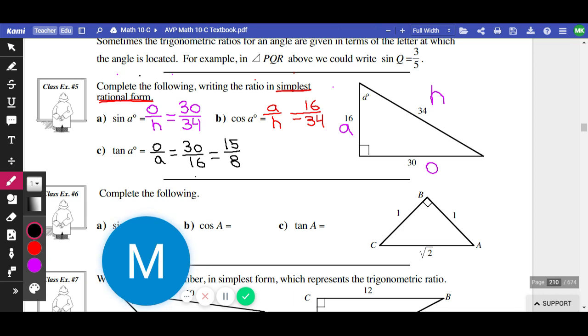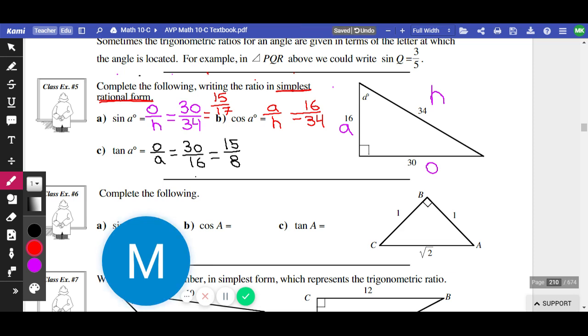There is a way to do it without a calculator. The way you do it without the calculator is you figure out the biggest number that divides into both numbers. So, for instance, 30 and 34 can both be divided by 2. When you divide both of them by 2, it gives you 15 divided by 17, which would be the simplest form ratio.